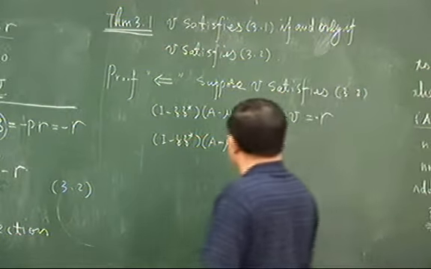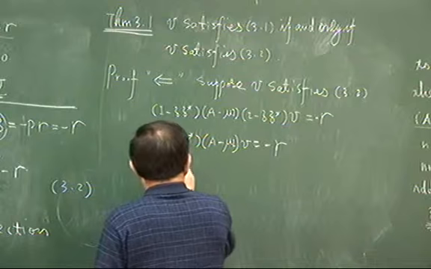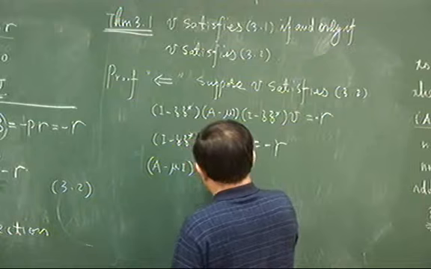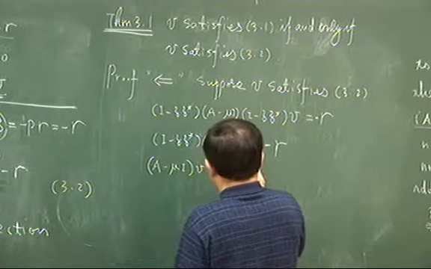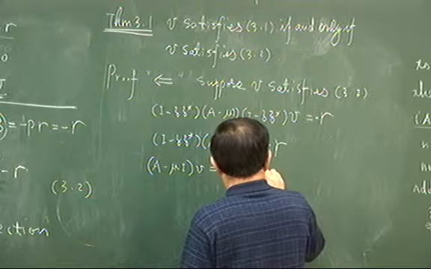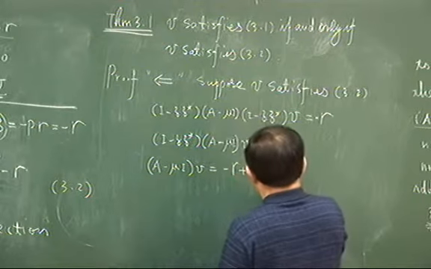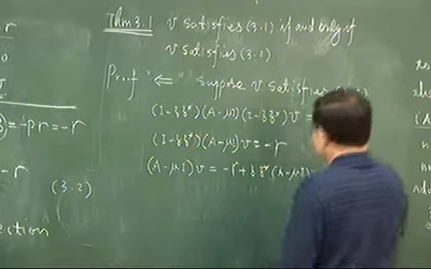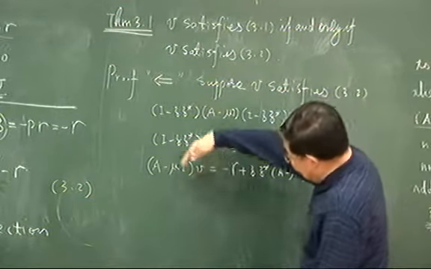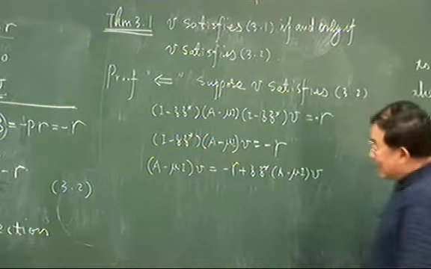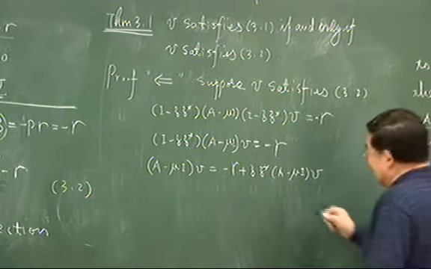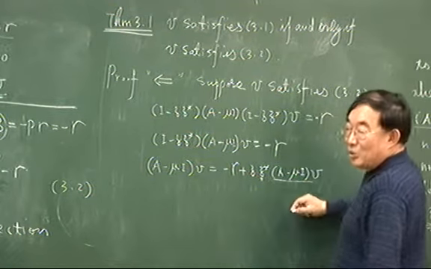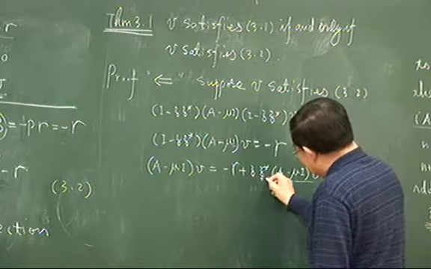So (A − μI) y is equal to R plus z z*(A − μI) y, moving this to this side. This is a vector, this is a vector, and this is an inner product, so this is a number.